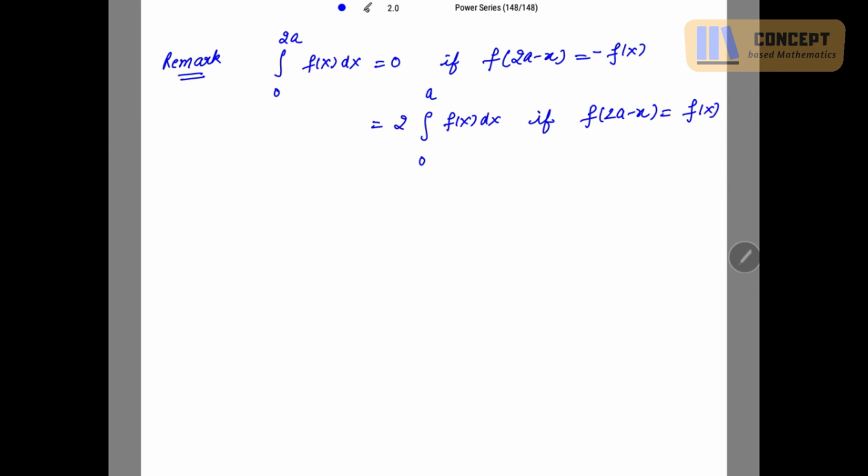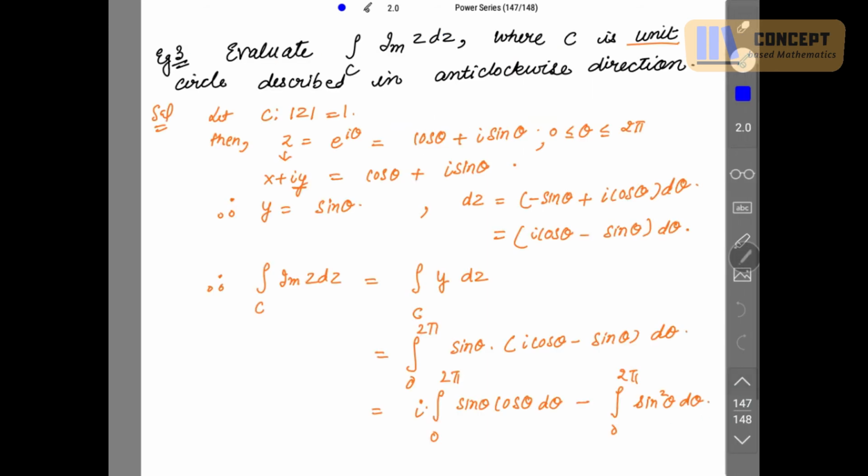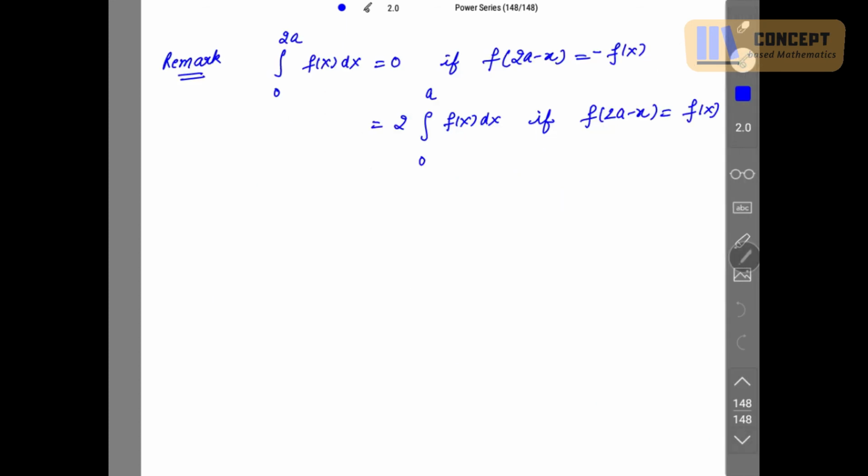So if you take, now this is 0 to 2π, take sin(2π − θ), instead of θ write sin(2π − θ). So this is sin of 2π and this is cos(2π − θ), this is cos of 2π. So overall, it is equal to minus f(x). If you solve this, you will have this integral as 0.